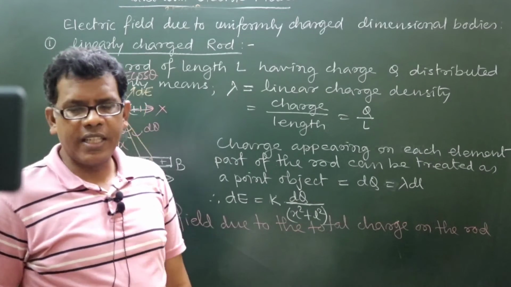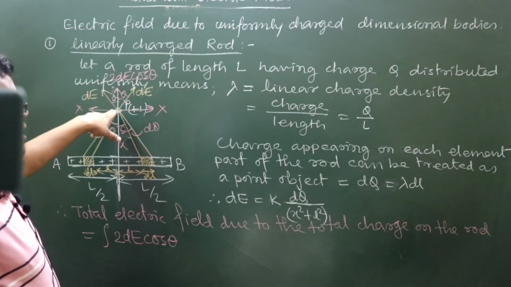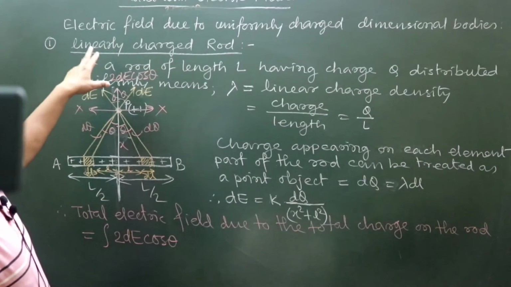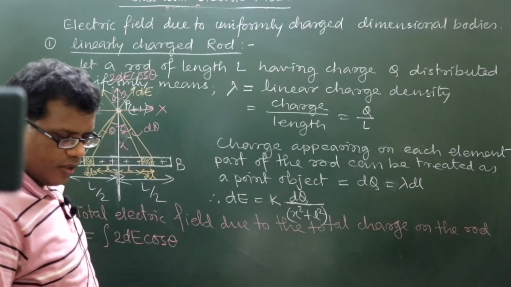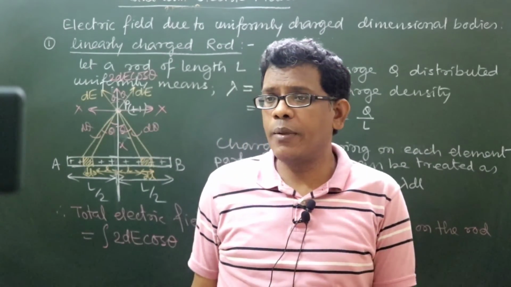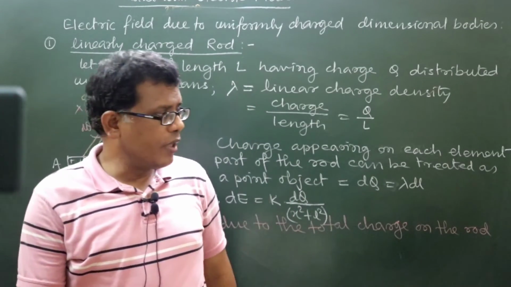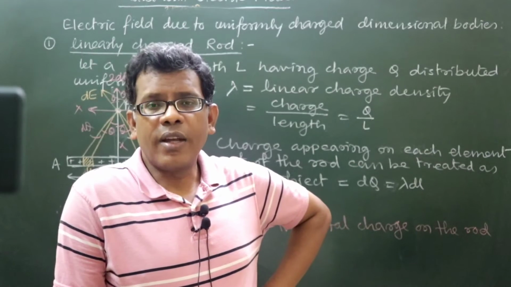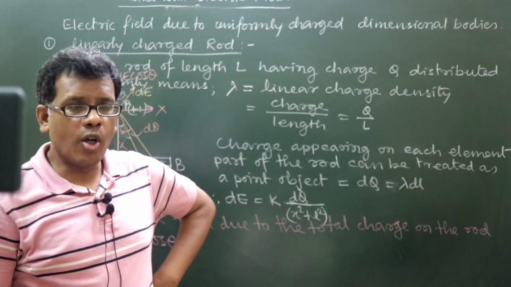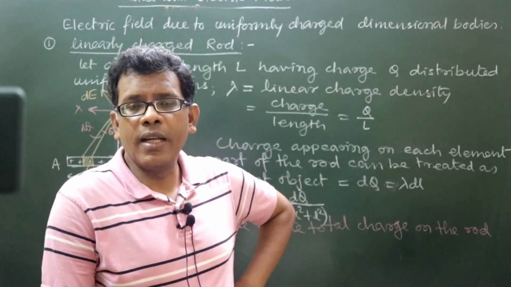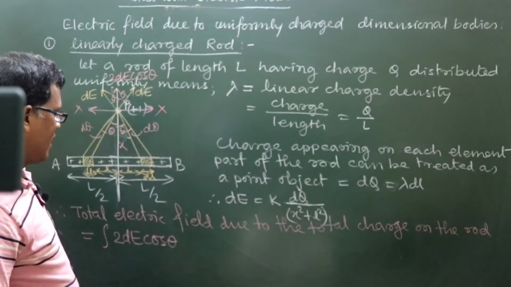Why integration? Because against each such pair we will be getting the result as 2dE cos theta along the line of bisector. All values will be different in magnitude, but they will be the same in direction. How many such elements there are, we do not know. Being a continuous distribution, whenever there are infinite vectors with the same direction, the total value can be found by adding all of them, which can be done by integration.